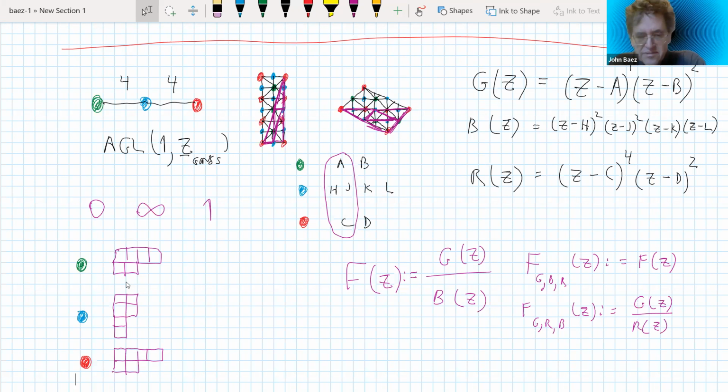And again, this is the attempt to connect the Jugendtraum to Grothendieck's dessins d'enfants, or whatever it's called. So the ancient ideas of the Jugendtraum, we're trying to put them in this modernish context of Grothendieck's ideas.